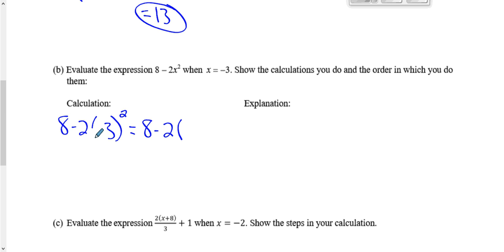So guys, whenever you square something, you always get a positive result. So this is going to be 9 here. So now we do 8 minus 2, right? False. What do we do now? Negative 2 times 9 is negative 18, and 8 minus 18 gives us negative 10.